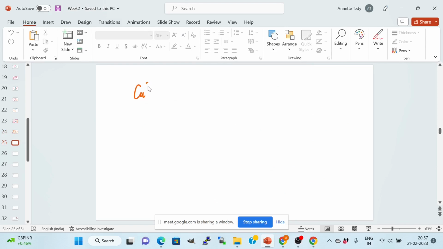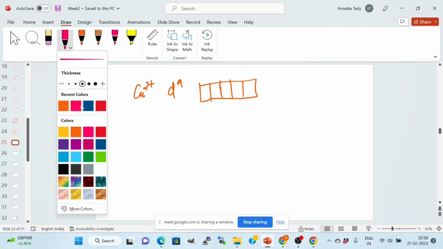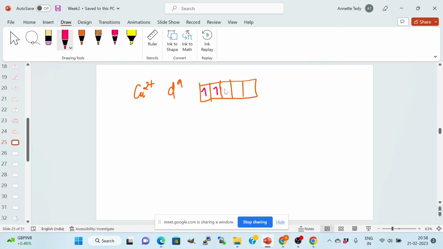For copper 2+, d9: 1, 2, 3, 4, 5, 6, 7, 8, 9. So for this d9 case, both low spin and high spin are the same, right?